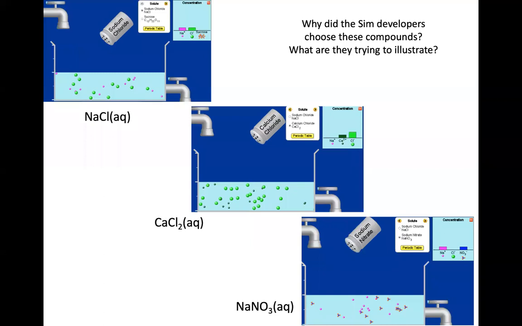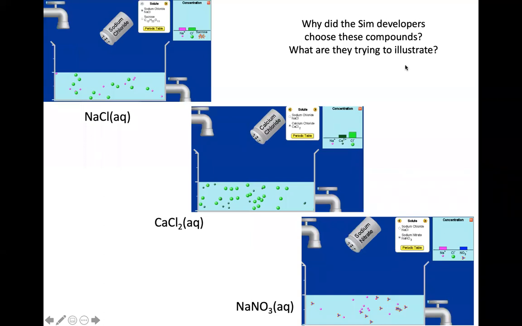So I'm seeing responses within here describing how in each of these cases they are going to dissociate. But I think the designers of this chose these particular examples to try to illustrate something a little bit more intentional than that.